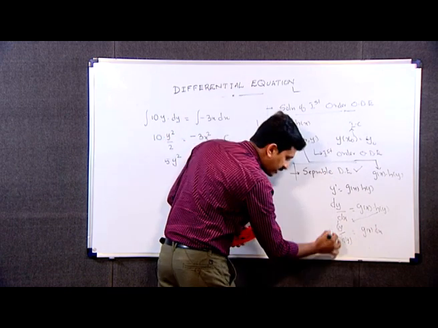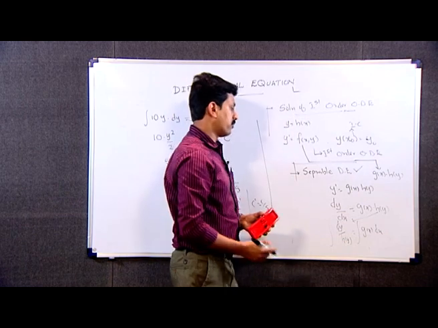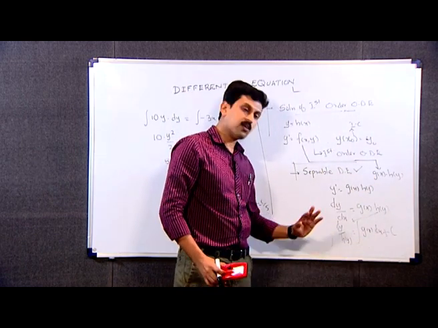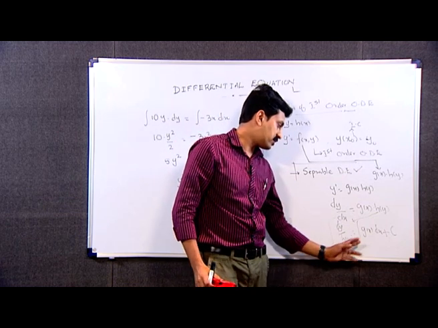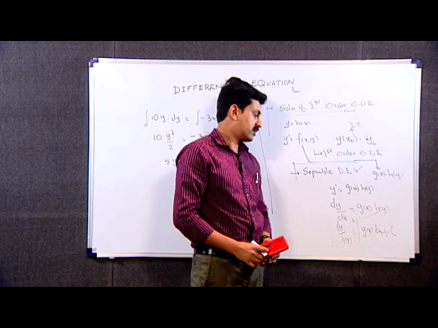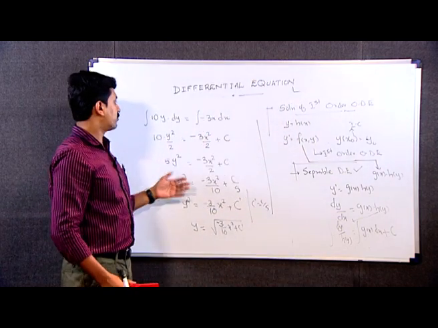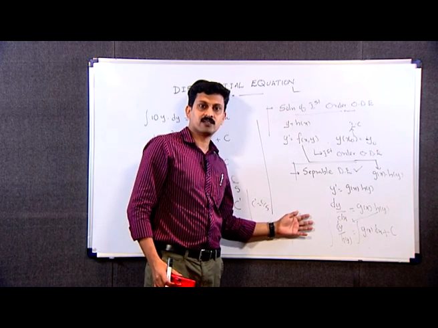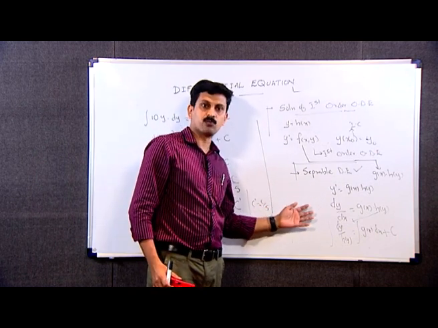By integrating on both sides, we get the solution of the differential equation as the integral of dy by h of y equal to the integral of g of x dx plus c. These two examples showed how to solve a separable differential equation; try to solve more examples.